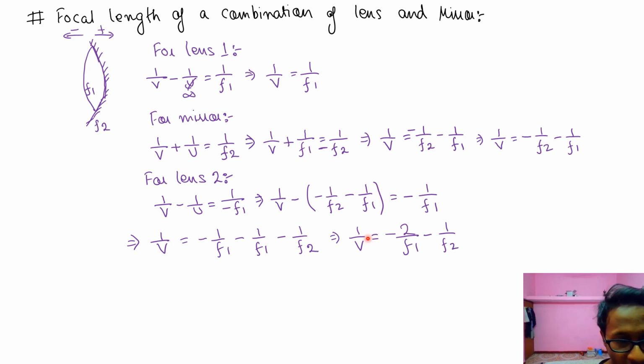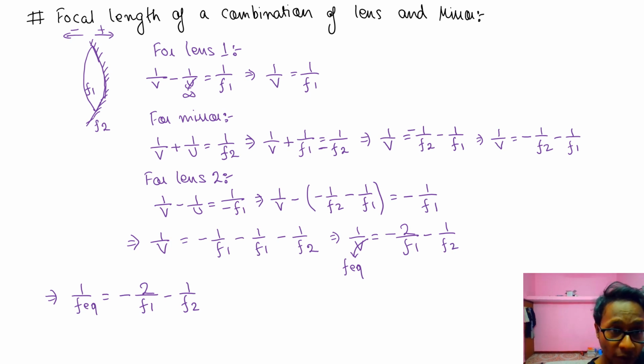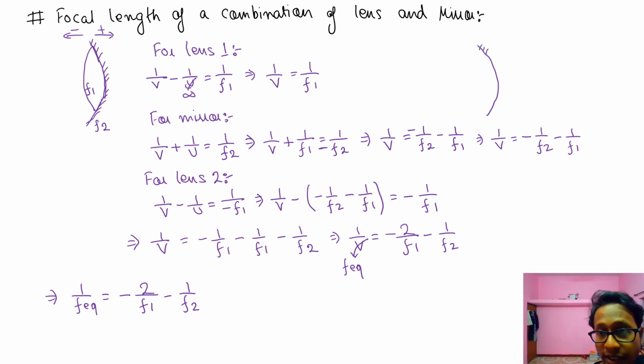So the v here is nothing but f equivalent. Why? Because the final image is nothing but the equivalent focus, because our initial object was at infinity. So 1 by f equivalent of the combination is equal to minus 2 by f1 minus 1 by f2. The combination of this will act as a mirror. Whenever there is a mirror in the system, the combination will always act as a mirror.